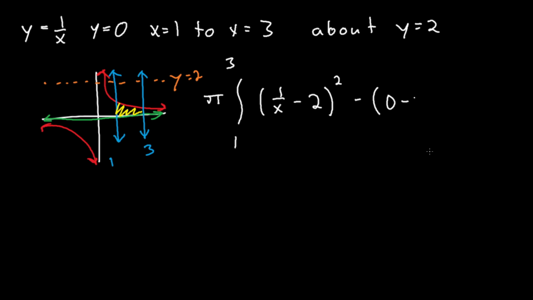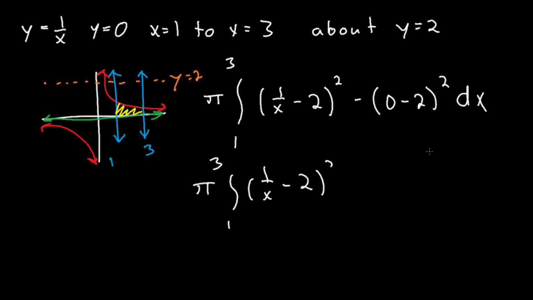So 0 minus 2 is just -2, but -2 squared will cancel out the negative. So if we simplify this integral, we get 1 over x minus 2, squared, minus 2 squared, dx.